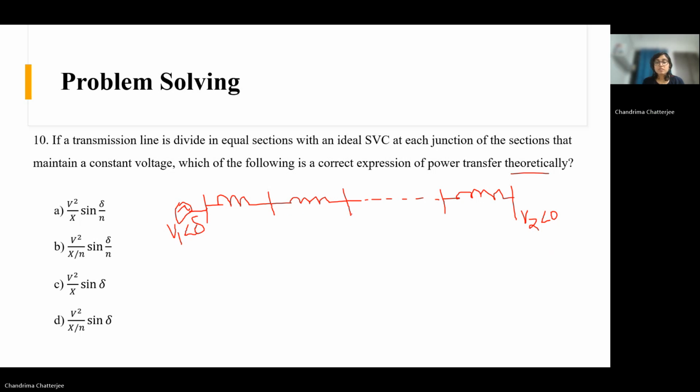And obviously there is SVC connected, so the SVC is connected right here at the junction of the sections. Okay, so at each junction, the SVCs are connected like this.